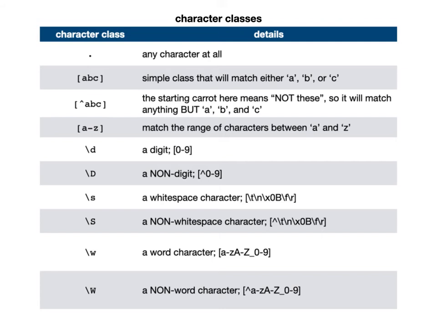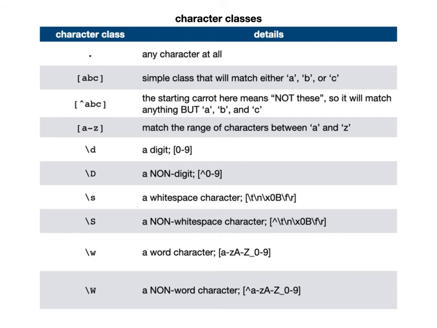You can say match the range of characters between lowercase a and lowercase z. Now, I say lowercase specifically because in the Unicode world, those are next to each other. Not always the case when you're saying, say, A to capital Z, for example. But that's the idea. You are saying, hey, any of these. So the dash inside of the character class means anything between these two values.